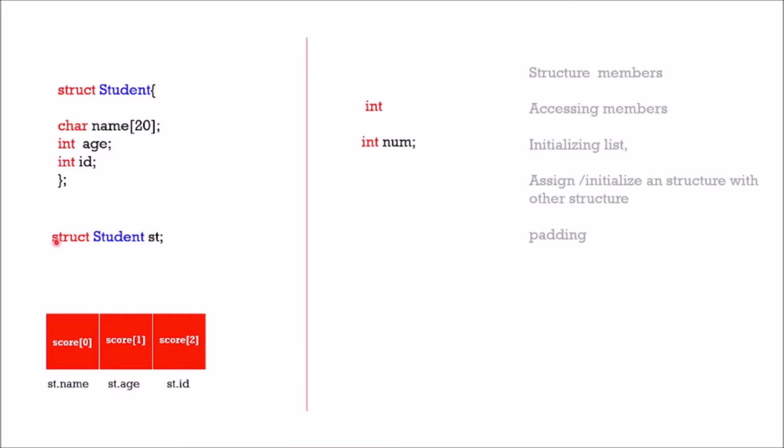So here I'm defining also struct student, which is, I'm creating a structure of type student that has these three member variables, and it's going to be called st.